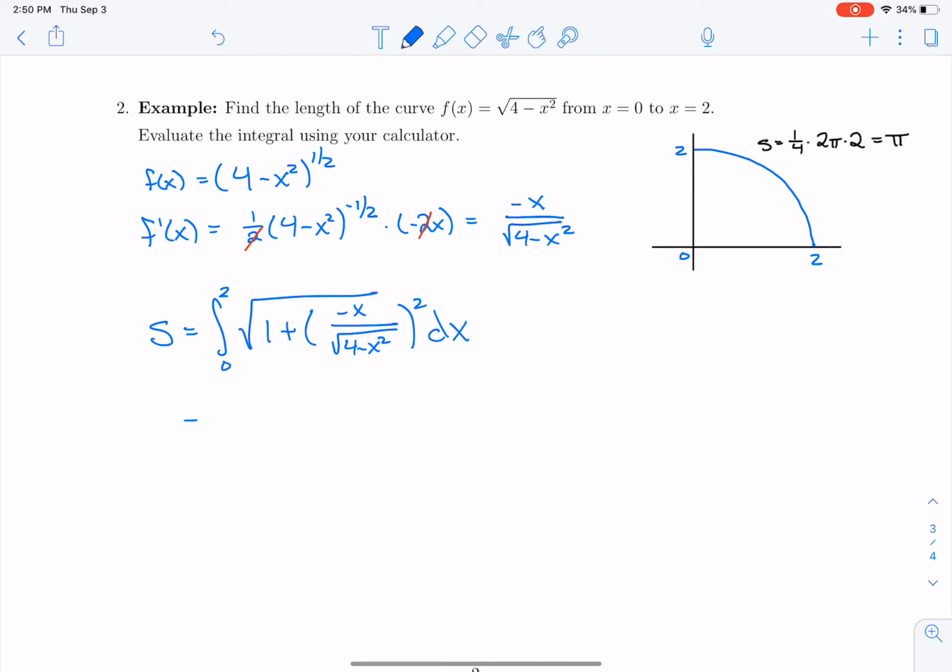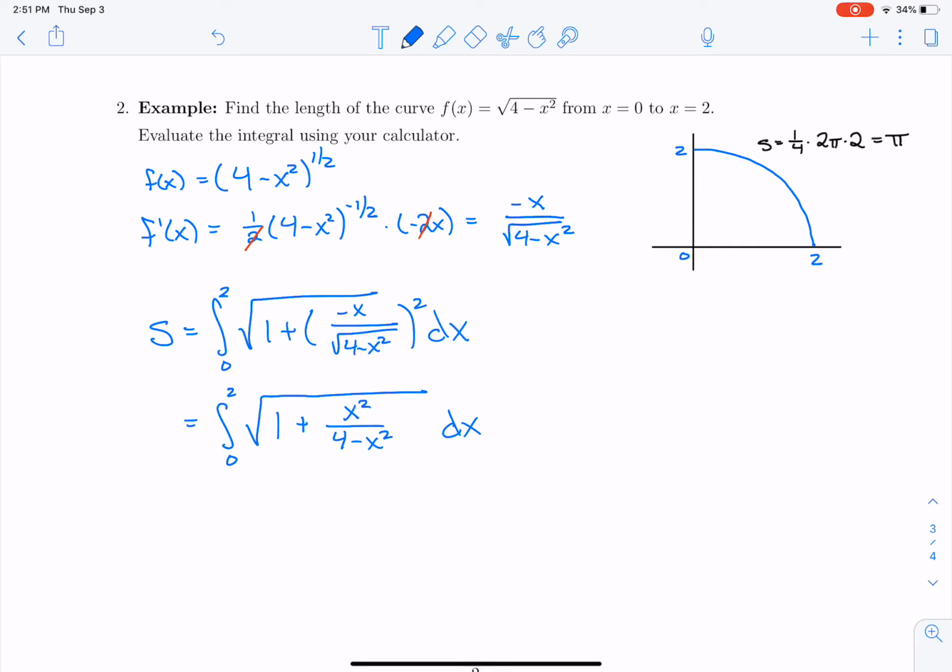So we can write that as the integral from 0 to 2 of the square root of 1 plus x squared over 4 minus x squared dx.